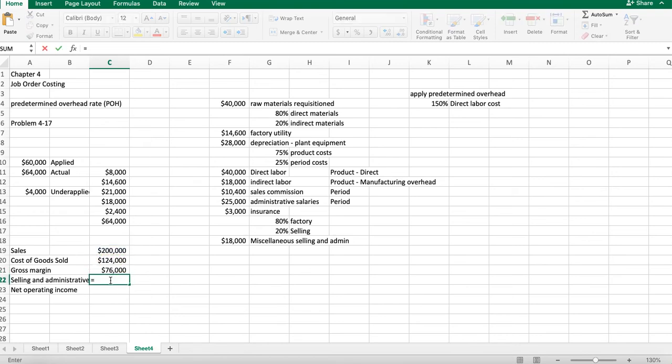Then to get our gross margin, we have our sales minus our cost of goods sold, which gives us $76,000. And then our selling and administrative was given to us over here. We've got $10,400. We've got $18,000. And then we have 20% of the $3,000. I think that's right. So, am I missing anything?